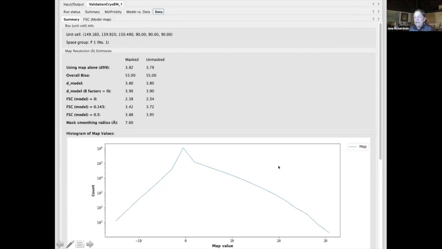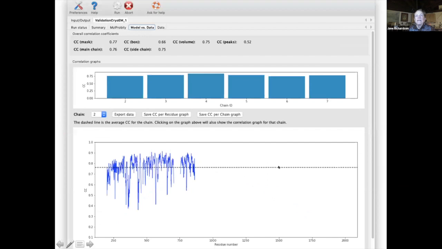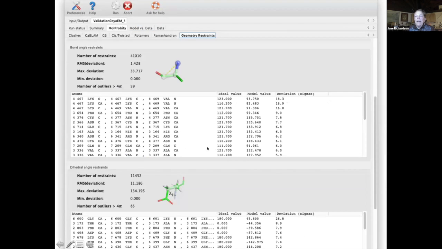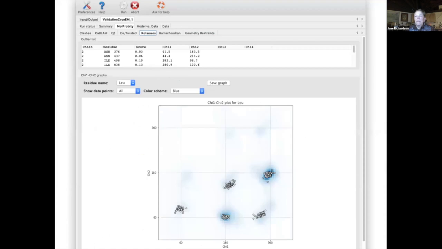And again, you've seen some of these model to map validations. And of course, one of the great things in Phenix is when you find an outlier, you can go and look at it in Coot. Here's a plot for rotamers.